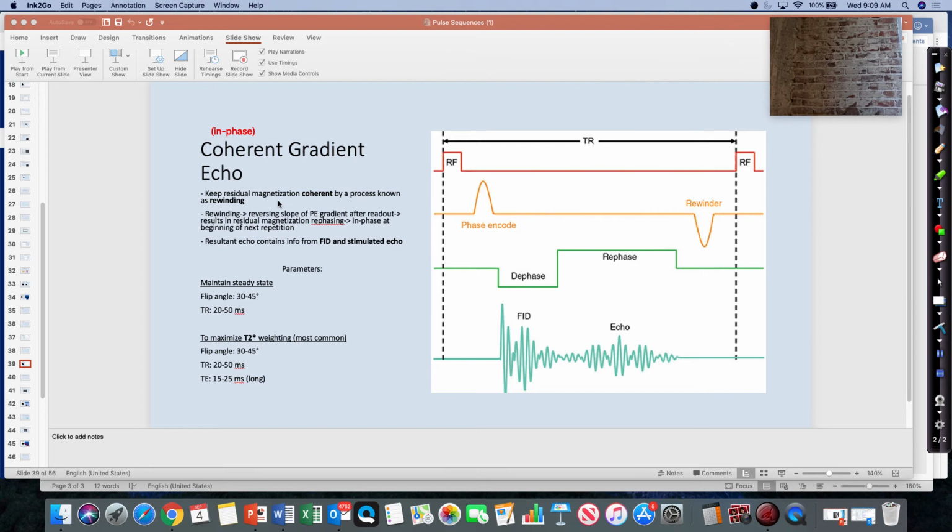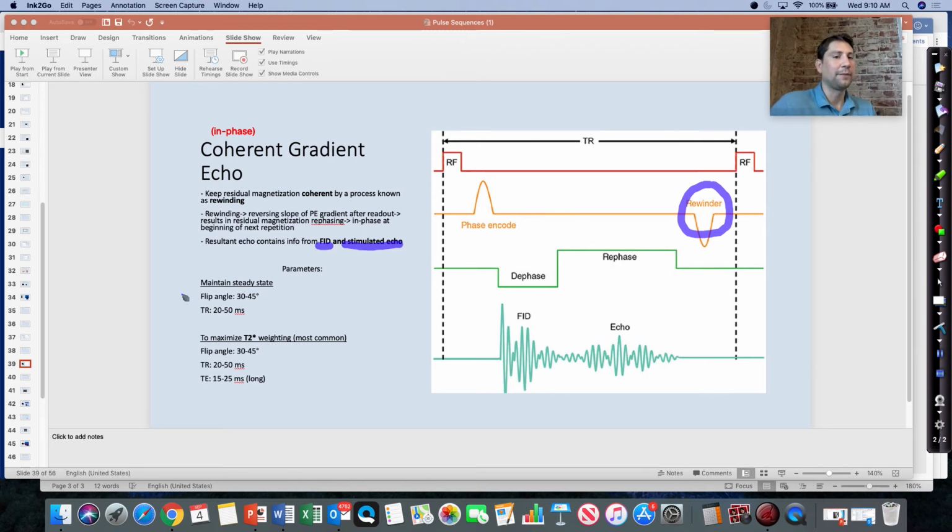It has slowly started to decay by fanning out. So we apply a rewinder gradient to reverse the fanning out of those spins so they come back coherent. So that transverse magnetization is rewound so the spins are going to be coherent. So we collect the signal from the residual magnetization, which is now coherent, and the free induction decay. So we have a stimulated echo and the free induction decay within our resultant echo.